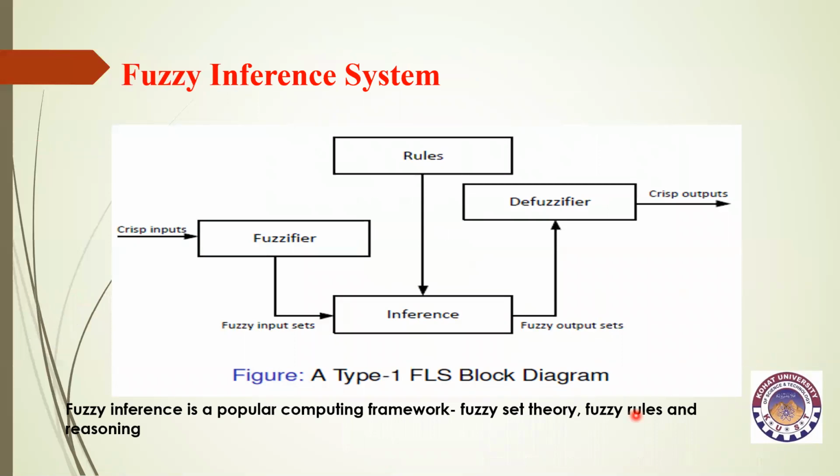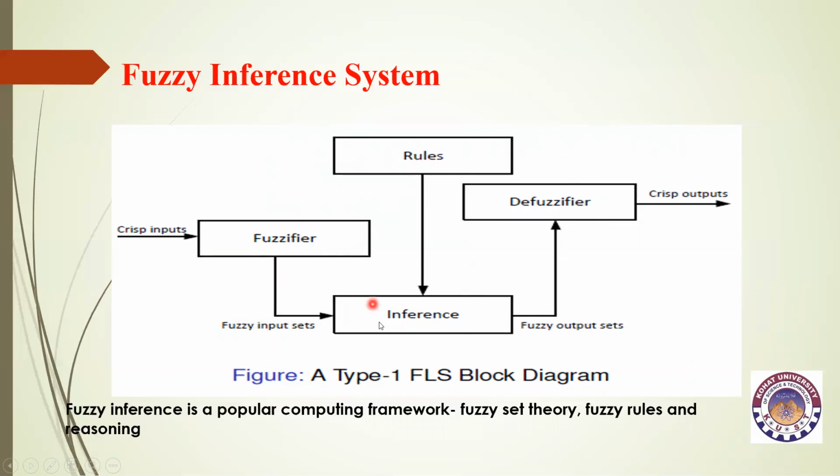The main architecture of the fuzzy inference system consists of four parts: fuzzifier, rules, inference, and defuzzifier. A crisp set of input data is gathered and converted to a fuzzy set using fuzzy linguistic variables, fuzzy linguistic terms, and membership functions. This step is known as fuzzification.